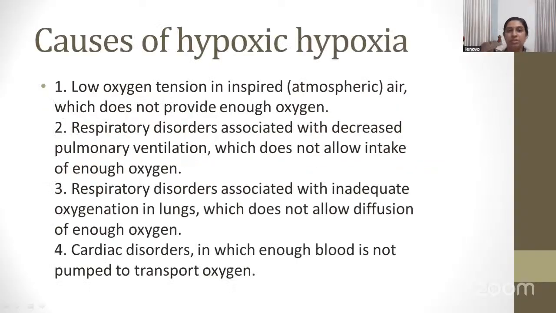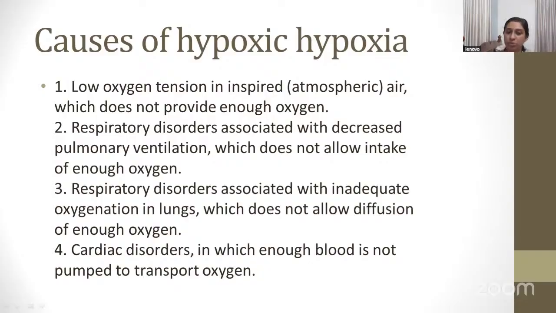So what are the causes of hypoxic hypoxia? Low oxygen tension in atmospheric air, or in carbon monoxide poisoning, where the partial pressure of oxygen available is less. In such cases enough oxygen is not available, leading to hypoxic hypoxia.